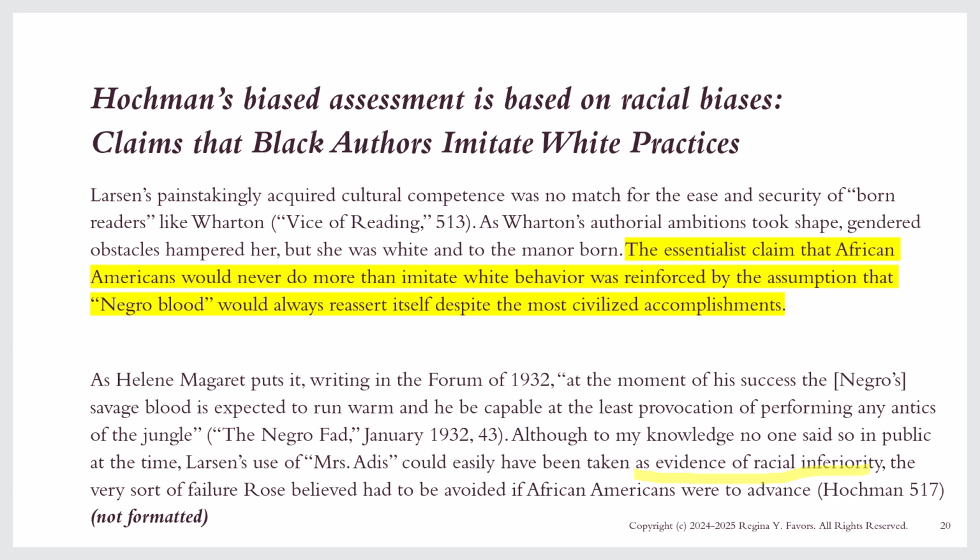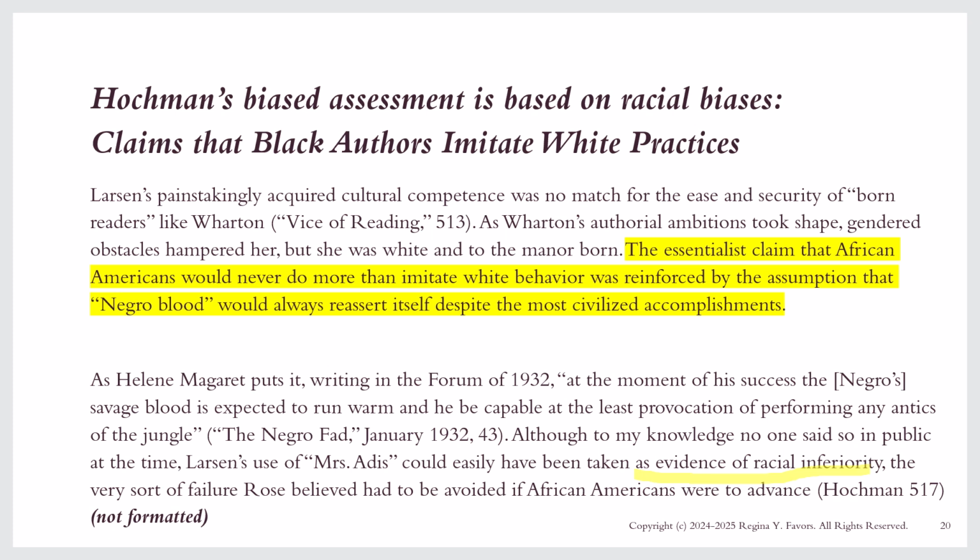So why would one person be considered racially inferior if both people that Hockman is using are copying or using folklore as source material? That's why I say that her assessment is biased and it's based upon racial biases, meaning that she's using this ideal that African Americans would never do more than imitate white behavior as some sort of support for the idea that Larsen reworked Mrs. Addis or Sheila K. Smith's work.